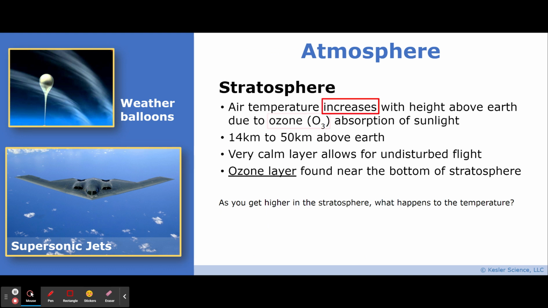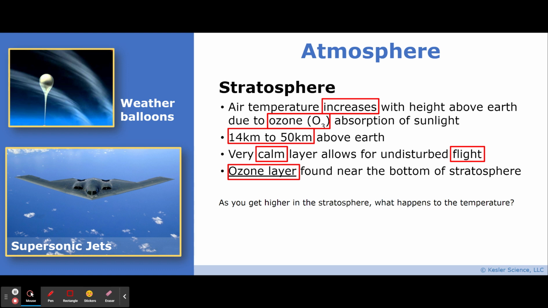Next is our stratosphere. The air temperature increases with the height above Earth due to the ozone absorption of sunlight. It's 14 kilometers to 50 kilometers above Earth. It's very common. It allows for undisturbed flight.